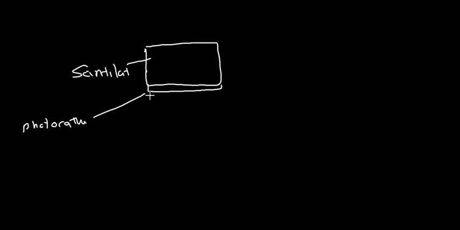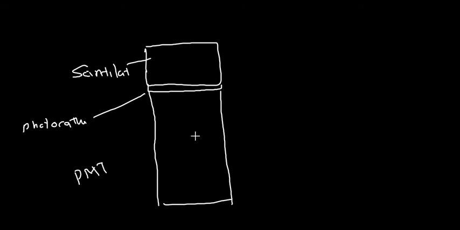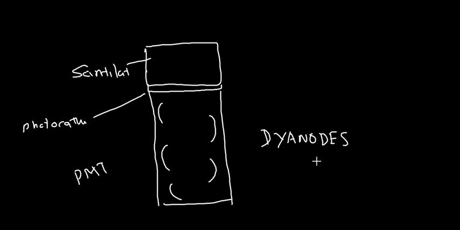After the photocathode you have what is called the PMT. What essentially do you have in a PMT? In the PMT, you have a set of electrodes. These set of electrodes are called dynodes.